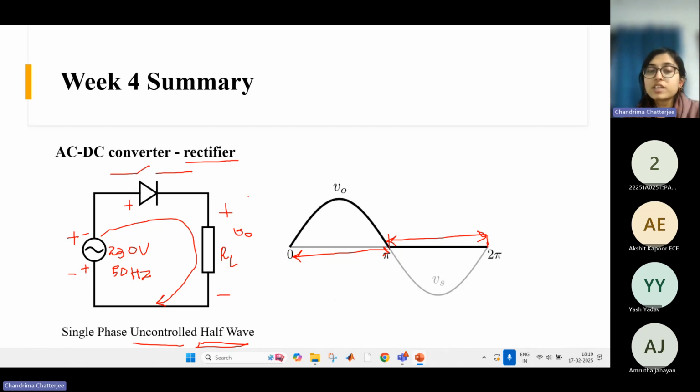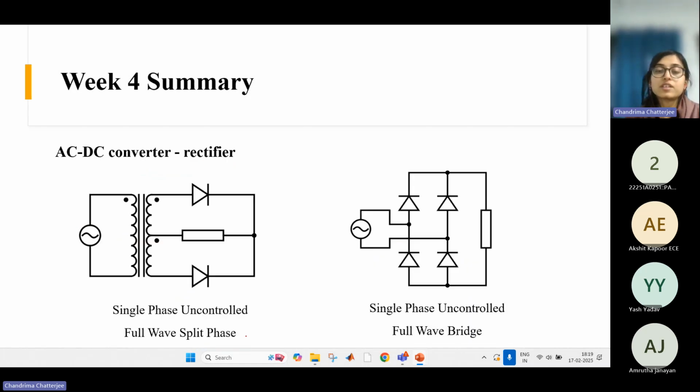So we need another modified circuit which can give some voltage in the negative half cycle also. That's why we have the full wave rectifier. This is half wave. Now we will see full wave rectifier.